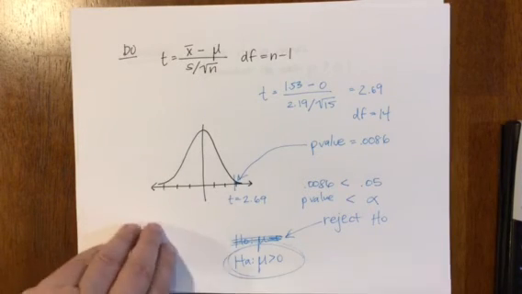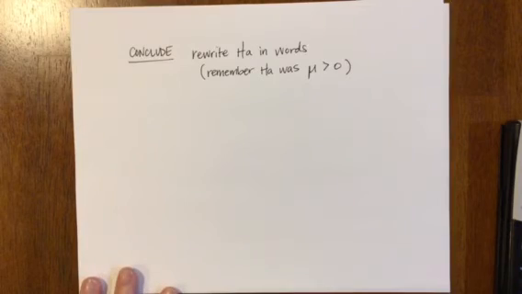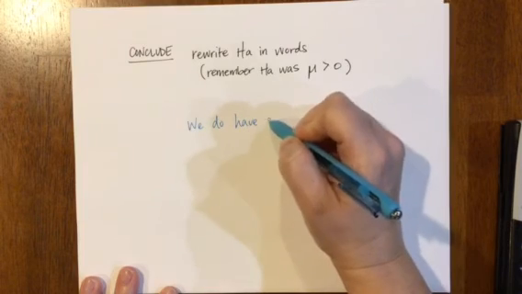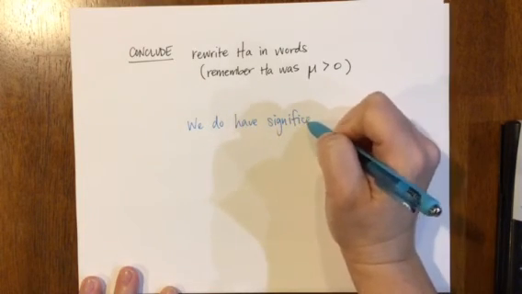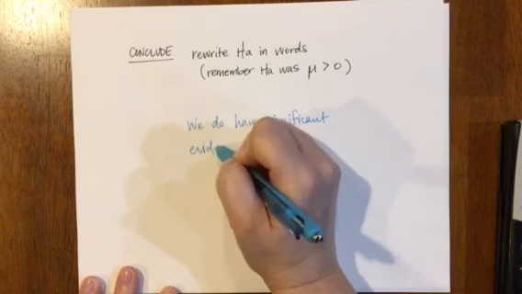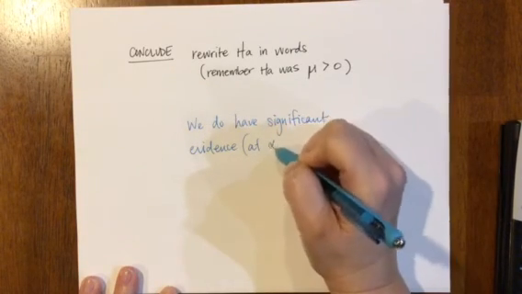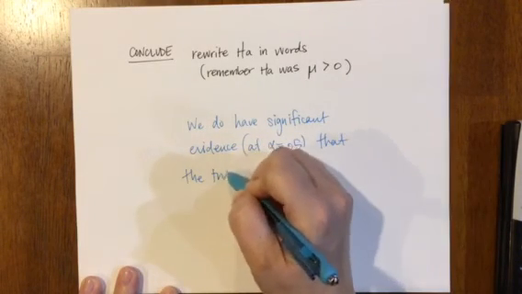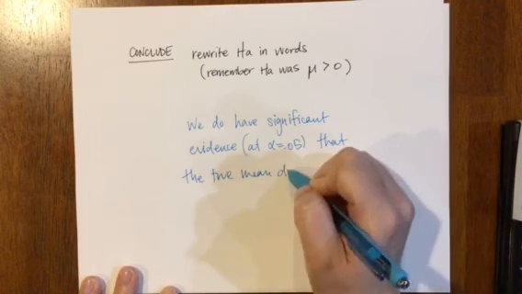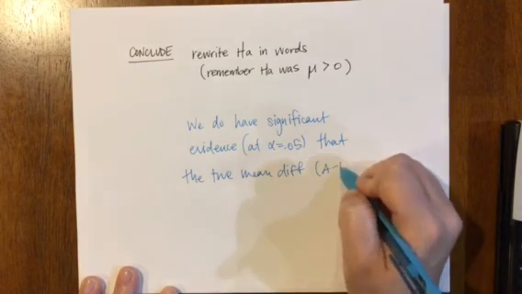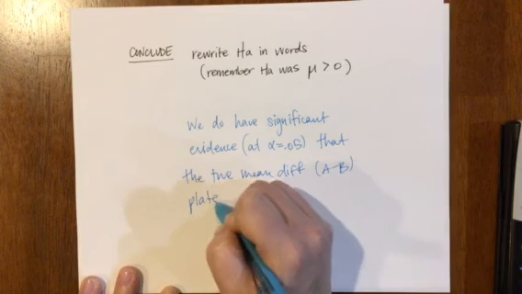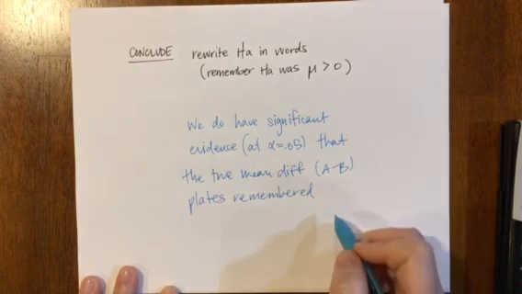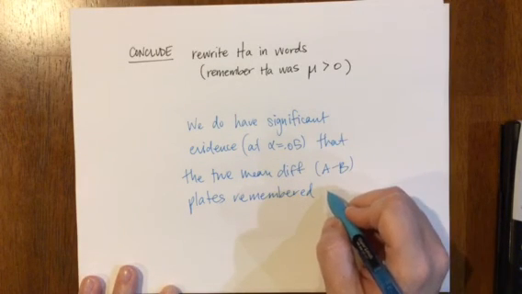So let's write that out. Let's write down what you just did. So we're going to rewrite the HA. We do have significant evidence at alpha equals 0.05 that the true mean difference A minus B of plates remembered, you can say, is greater than 0.